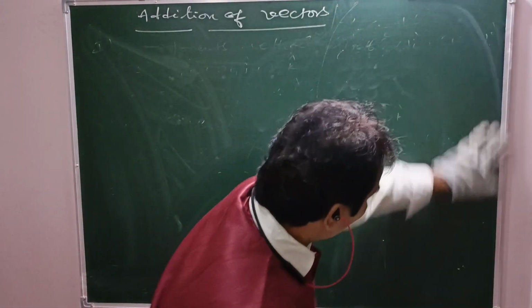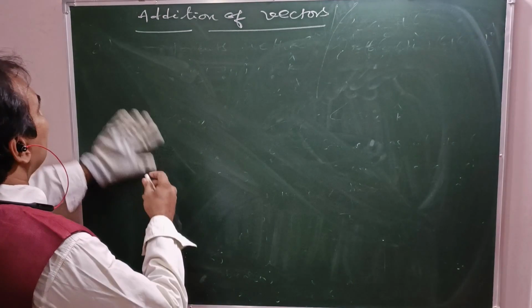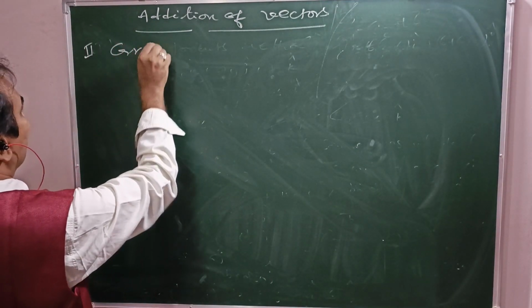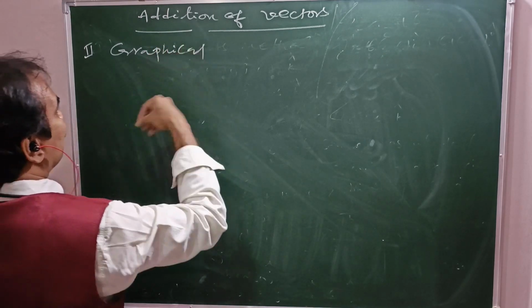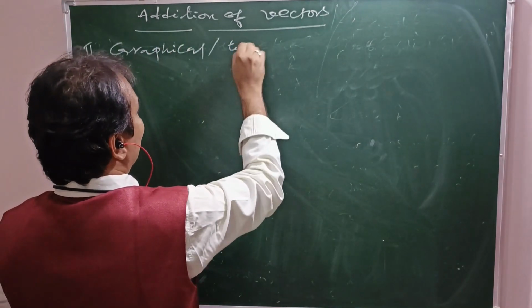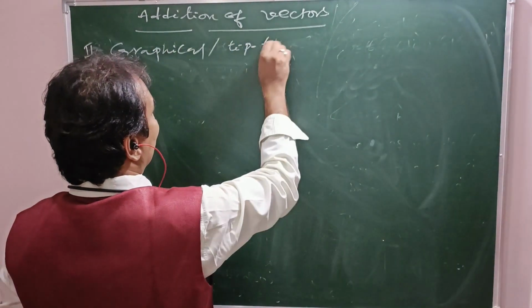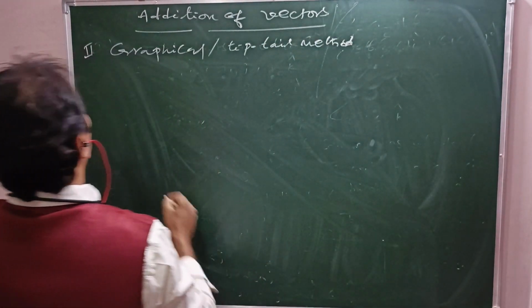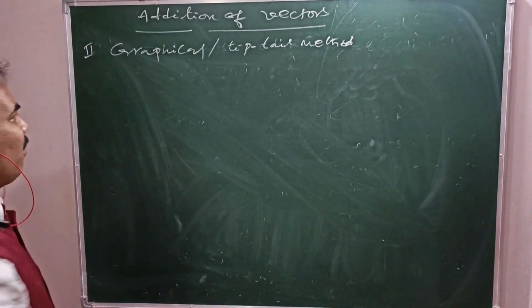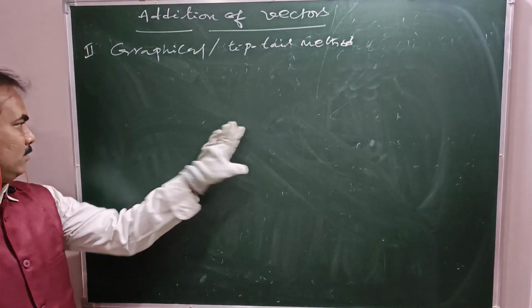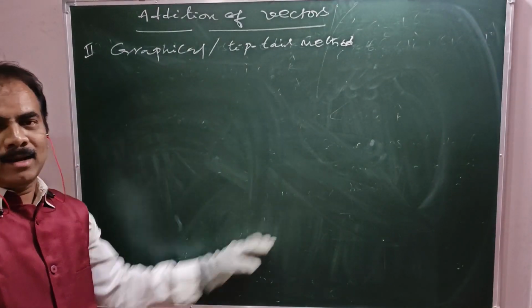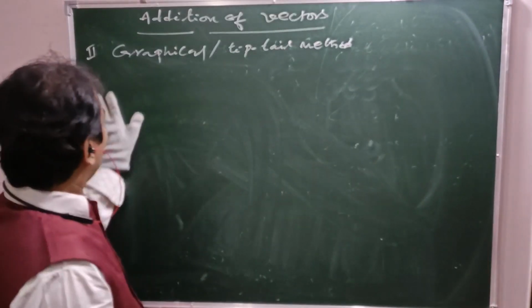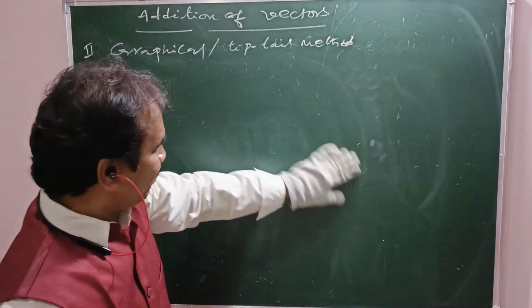Addition of vectors, second method, graphical or tip to tail method. What is tip and tail? Tip means head of the given vector. Tail means origin of the given vector, starting point, right?